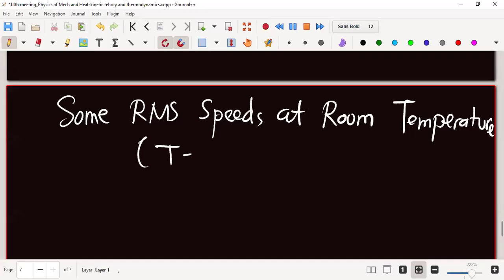Room temperature is around 27 degrees Celsius or 300 Kelvin.